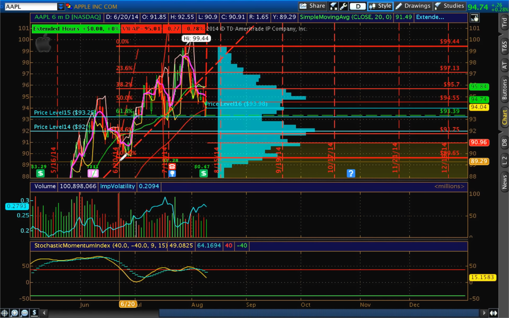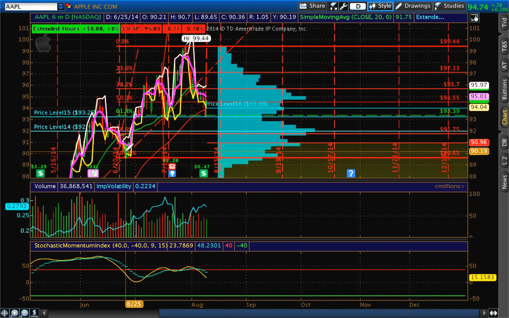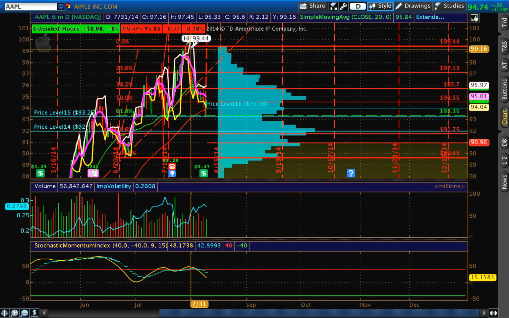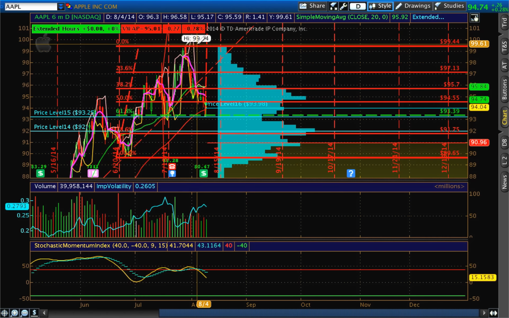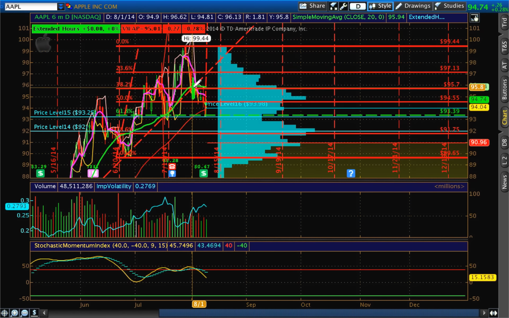Before Apple had this last leg, the relevant low of the range is $89.65, and I think everyone had been thinking we were going to get to 100 right away, but we fell short. I guess there were some anticipatory sellers, and they started to unload at $99.44.